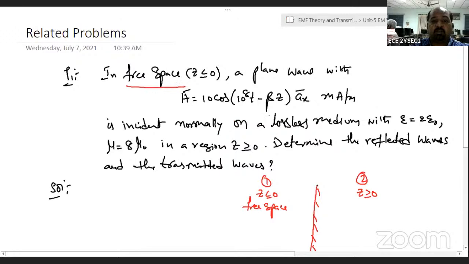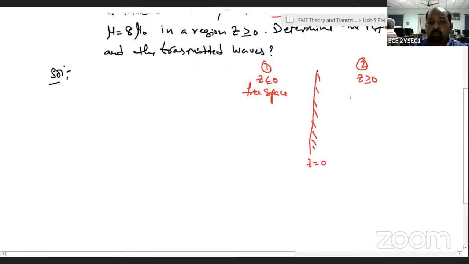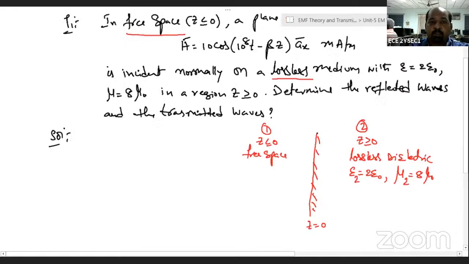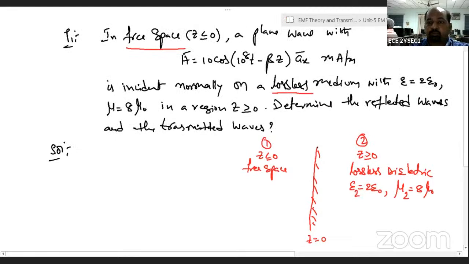And what is region 2? Region 2 is a lossless dielectric. What are the values given? Epsilon is 2 epsilon naught and mu is equal to 8 mu naught, so mu 2 and epsilon 2 for region 2. Anything else we have?